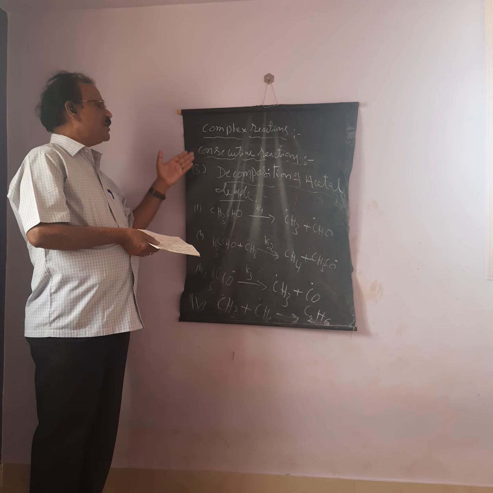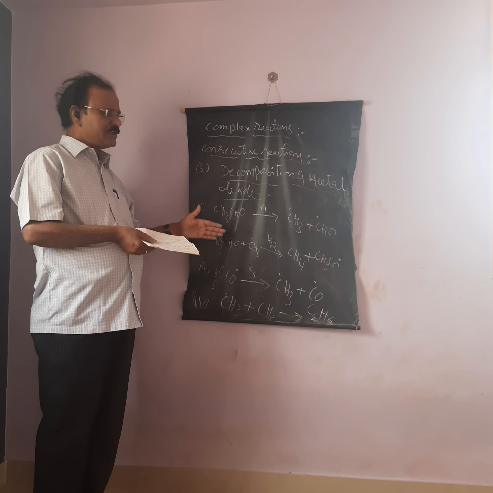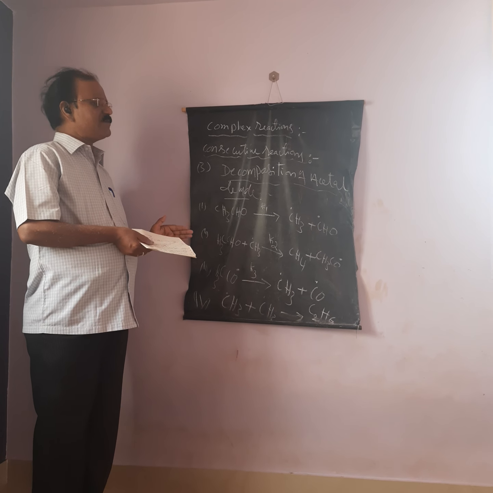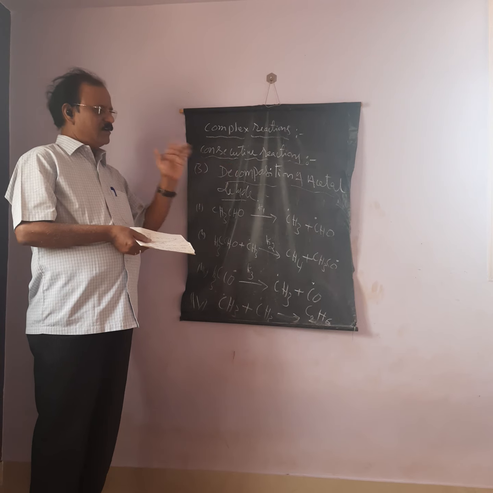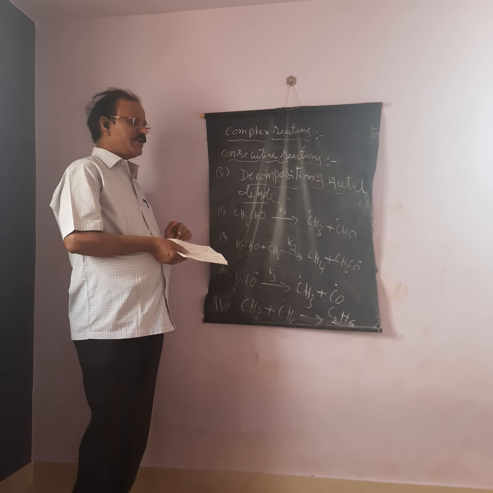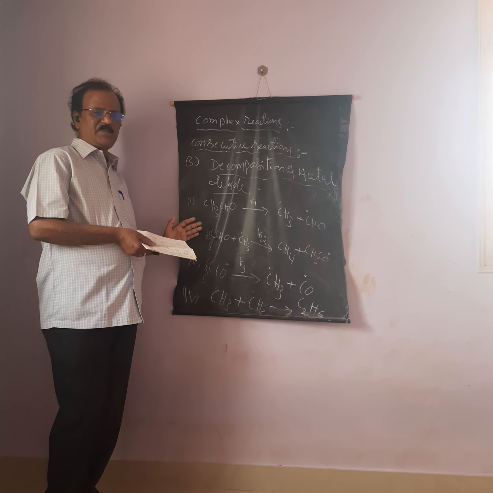All these come under conjugative reactions, in which the reactions take place in more than 2 or 3 steps, and the rate determining step is the slow step, from which you can calculate the rate constant of that reaction. So you can count 1 or 2 examples in the examination.